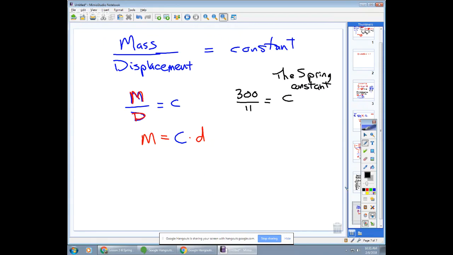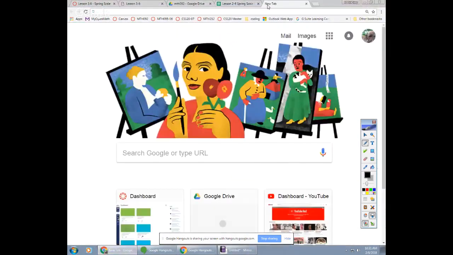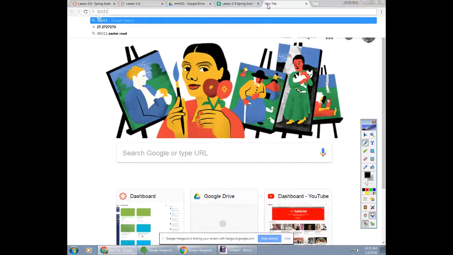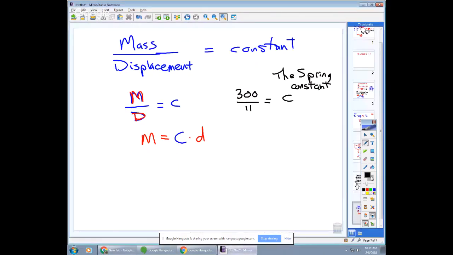So I can clean that up a little bit with a calculator. What's 300 divided by 11? About 27.27. So we'll call our constant about 27.27.